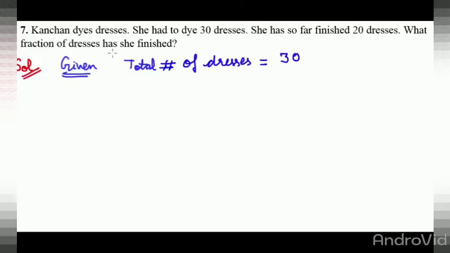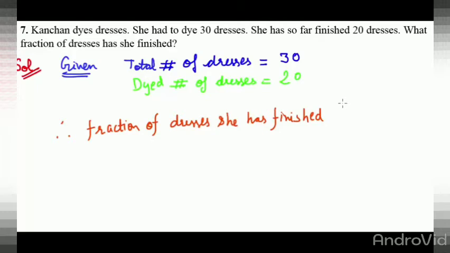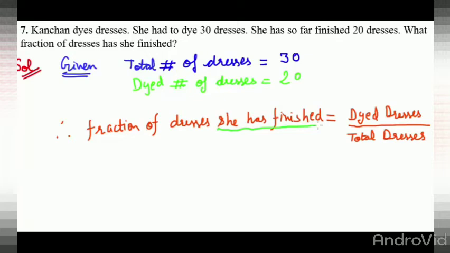total number of dresses, that is 30, as you can see in the question. Number of dyed dresses is 20, that is, she dyed 20 dresses. Therefore, fraction of dresses she has finished would be equal to dyed dresses over total dresses. Dyed dresses, because we are asked to find the fraction of dresses she has finished.